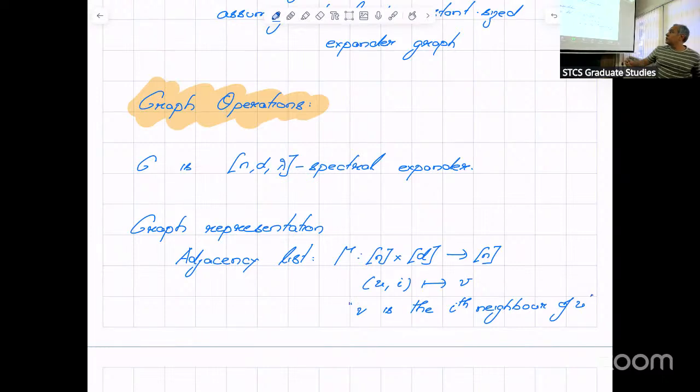So giving a graph explicitly means I need to give an algorithm that outputs this. You give it n, you give it something between 1 to n, and between 1 to d, and it outputs 1 to n. So that's the adjacency list representation.